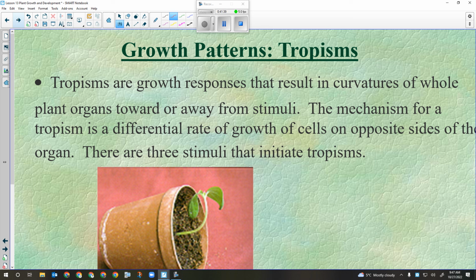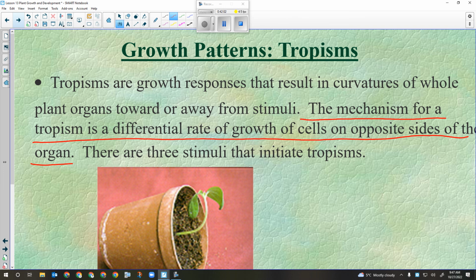All right, the mechanism for a tropism, and this is important, is differential rate of growth on opposite sides of the organ. So if a plant is going to curve and grow towards something, one side of the plant has to grow faster than the other.